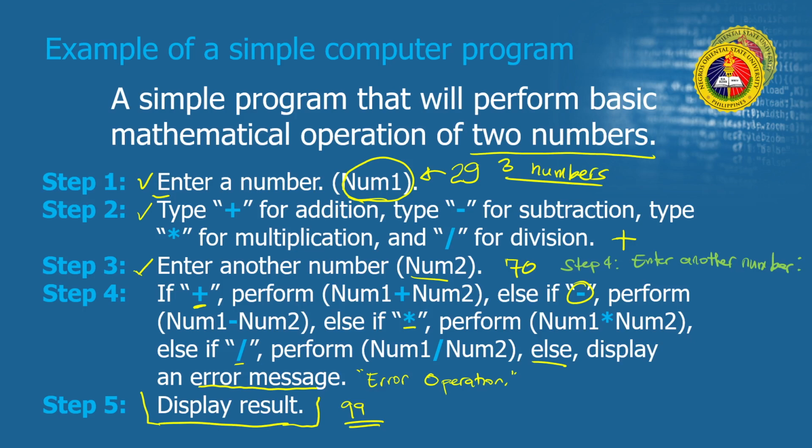Okay, so just add more steps. Thank you, sir. No problem. So since the task here is only to perform basic mathematical operation of two numbers, that's why we only have these steps. But if more numbers are involved, then more steps.